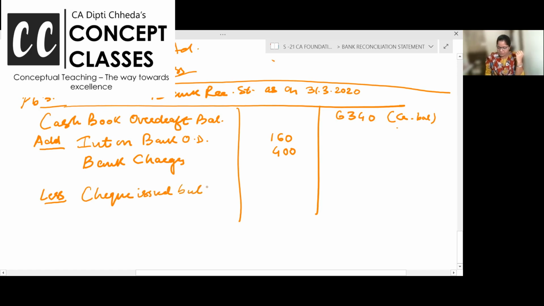Check issued but not cashed. Not cashed yet. When I issued the check, I credited. So now what will I do? Debit. Clear? Next.